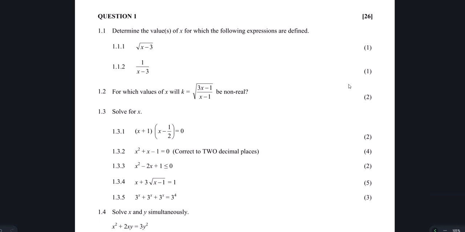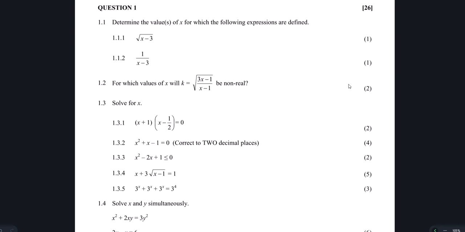Okay, so question 1. Question 1 is some basic algebra. Determine the values of x for which the following expressions are defined. So we have 1.1.1 and then 1.1.2.